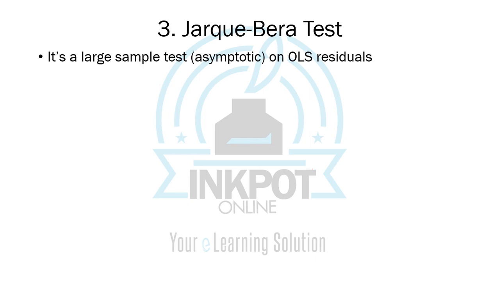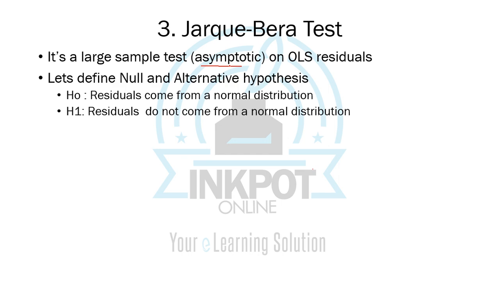But the most frequently used test here is the Jarque-Bera test. It's a large sample, that is asymptotic, test on OLS residuals, and we first define the null and alternate hypotheses. The null is that the residuals come from a normal distribution, and naturally the alternate hypothesis is that the residuals do not come from a normal distribution.